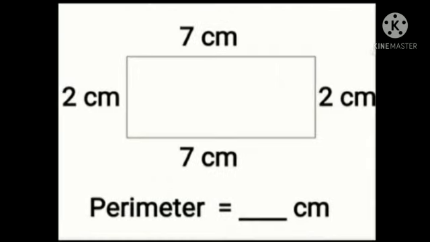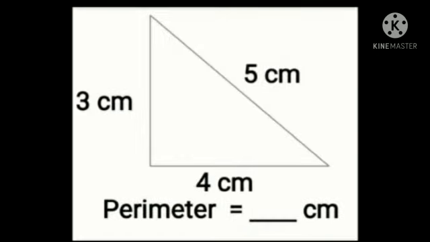Now students, here you can see a rectangle measuring 7 centimeter, 2 centimeter, 7 centimeter and 2 centimeter. So the perimeter of the rectangle is 18 centimeter. Next you can see a triangle measuring 3 centimeter, 4 centimeter and 5 centimeter. So the perimeter of the triangle is 12 centimeter.